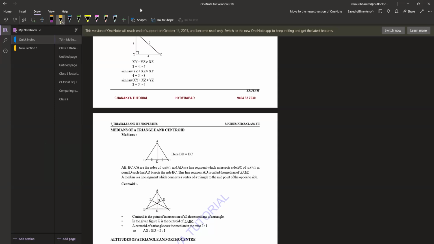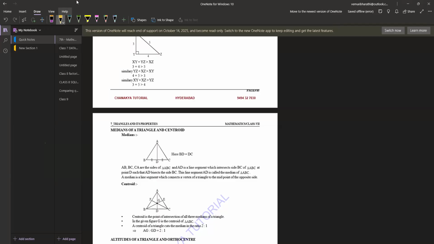There are three medians and three altitudes in a triangle. Very good. The median divides the opposite side into equal parts. Bhargav, that's true.